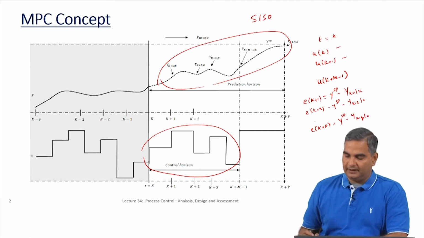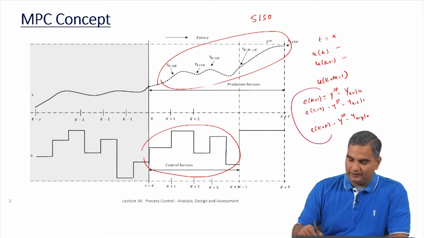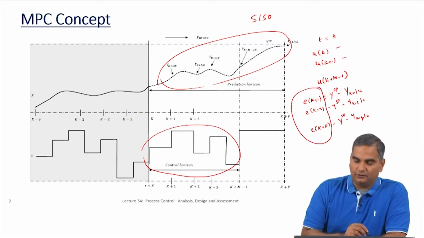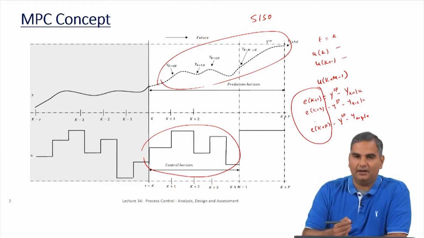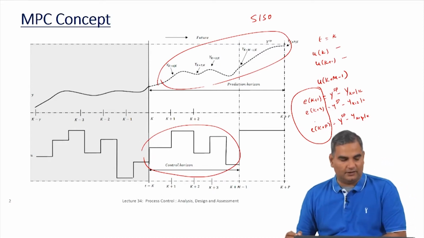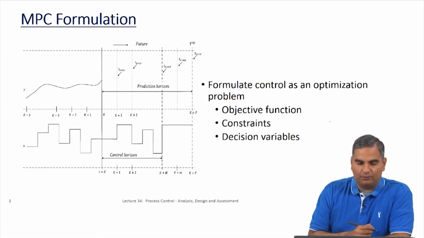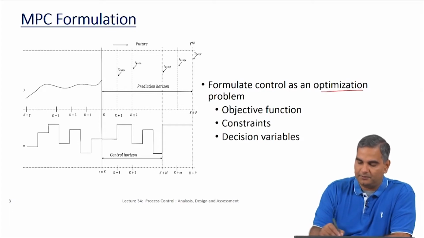So, then basically somehow I have to come up with a criterion which jointly or collectively minimizes all of these values. So, that is the important idea. The optimization problem should have some way of jointly or collectively minimizing all of these errors. So, from an MPC formulation viewpoint, what we are saying is we want to formulate model predictive control as an optimization problem.